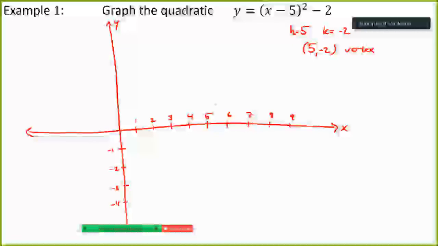So now we graph the actual vertex, 5, -2, right here. Cool. So that tells me where the vertex is and the axis of symmetry. So I know this parabola is going to be mirrored along this line.